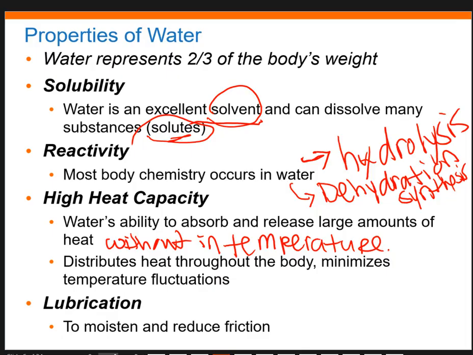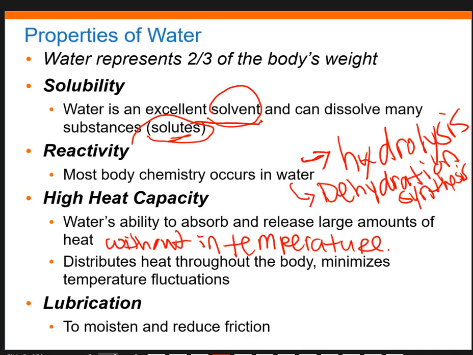It's hard to change the temperature of water. What that does, since we're mostly water, that means it's hard to change the temperature of us, of our bodies. We have a very stable temperature. You have to add a whole lot of heat energy to us in order to make our temperature increase.